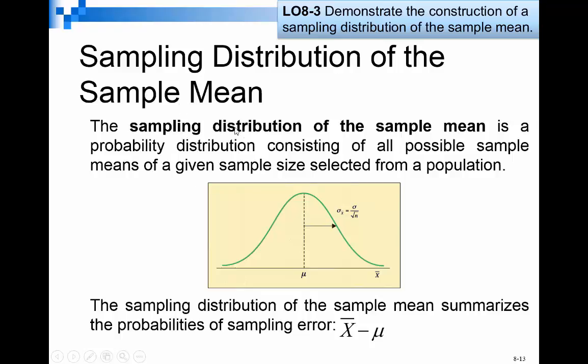So a sampling distribution of the sample means is a probability distribution consisting of all possible sample means of a given sample size selected from a population. And when we do that, that helps us to summarize the probabilities that correspond to the sampling error.